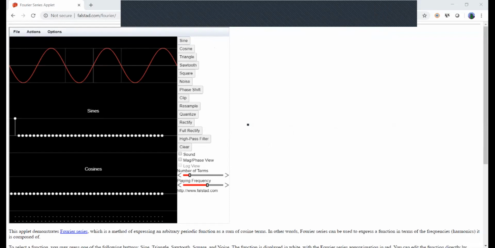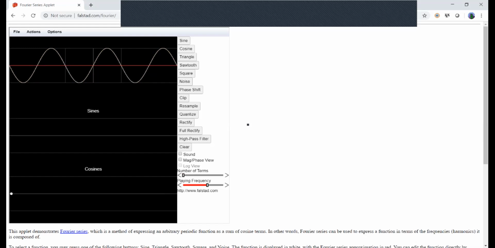Okay, good. So now on this app, you can have some other sound like square wave. That's the example one we looked at. Square wave sounds like this. Okay, it's not a great sound. It's different from sine though. And what the Fourier series allows you to do is to approximate the sound by sines and cosines.